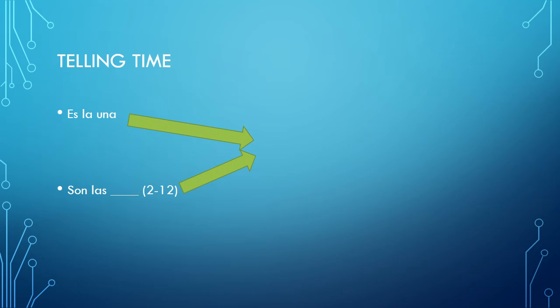So after that comes y or menos. So if it's from 1 minute past the hour until 30 minutes past the hour, you're going to use y. Es la una y 20. Son las 3 y 25. And if it's past the halfway mark, you're going to jump to the next hour and subtract.